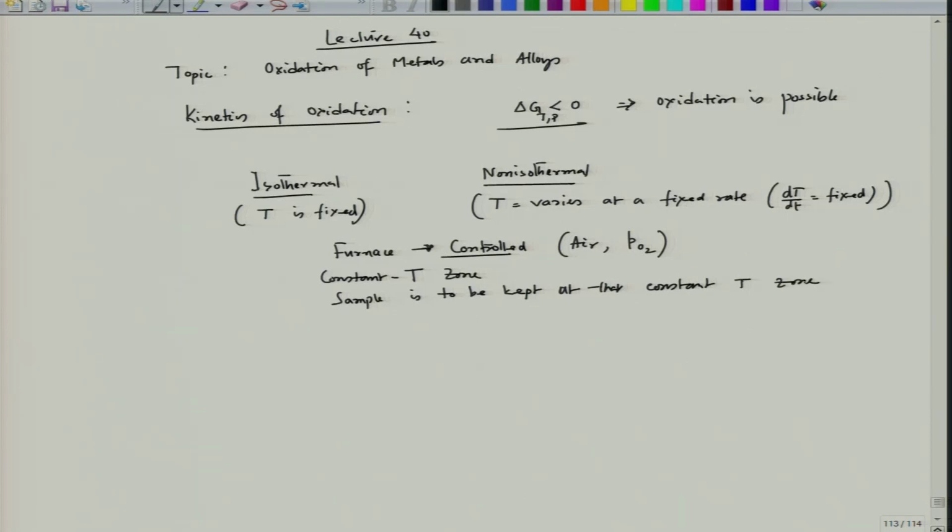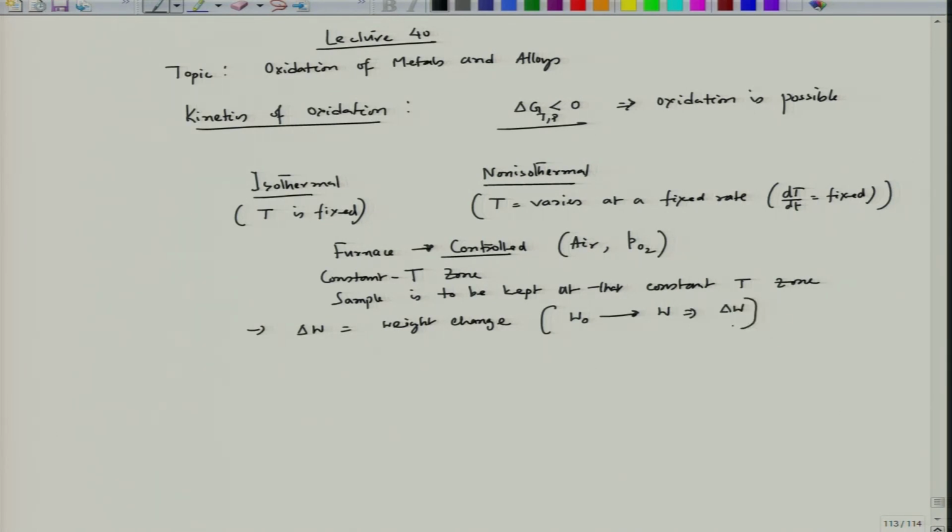Fine. And now we will measure, what is the measurement parameter? Delta W is the weight change from the initial weight. Let us say initial is W0, and then the weight after oxidation is W. So, then the weight change becomes delta W.